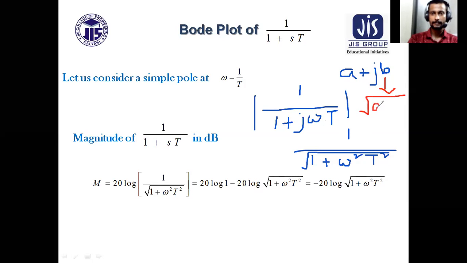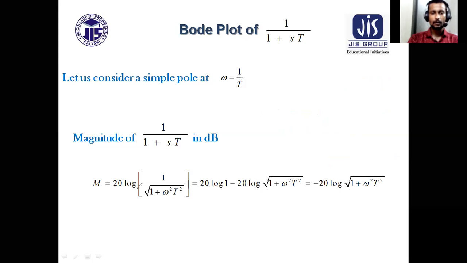This is very well known to us. Here the real part a is 1, so 1 squared, that is 1, and the imaginary part b is omega T, so b squared is omega squared T squared. So the magnitude in decibel will be 20 log of this term.